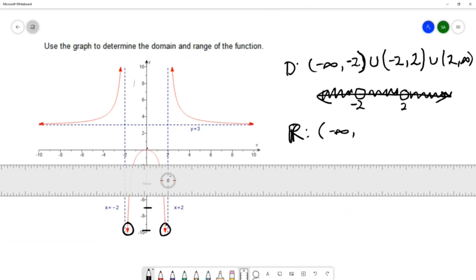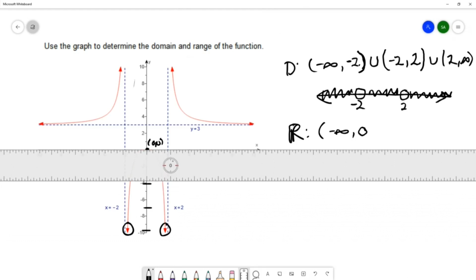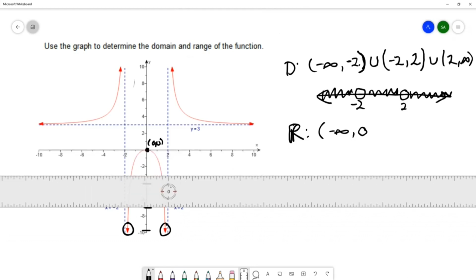This spot, the ordered pair 0, 0, has a y value of 0. So my range is going to stop at 0. That point, 0, 0, is part of the graph. It is included in the graph, and 0 will be included in my range. So I'm going to use a bracket on 0 to say that that point is included.